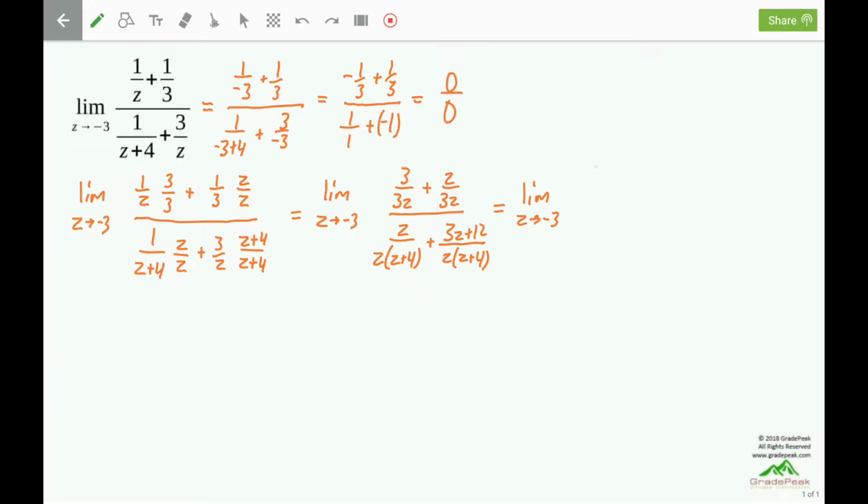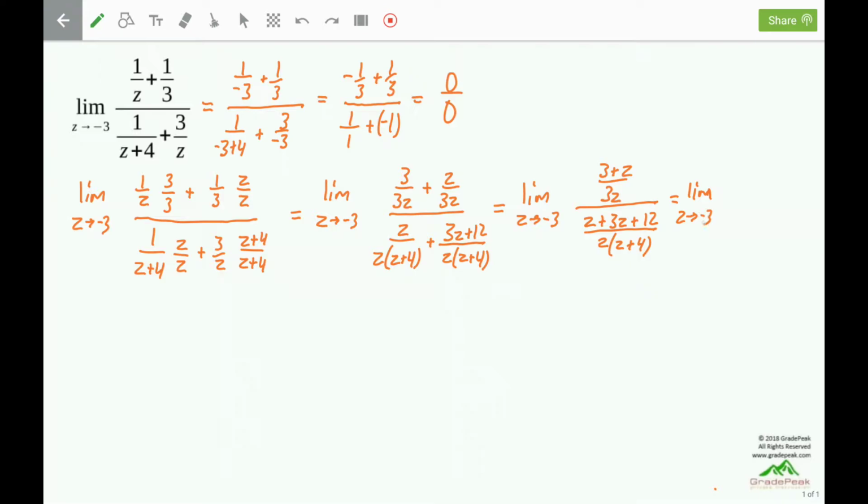All right, in the numerator, we have (3 plus z) over 3z. In the denominator, we have (z plus 3z plus 12) over z times (z plus 4). We can simplify in one more step.